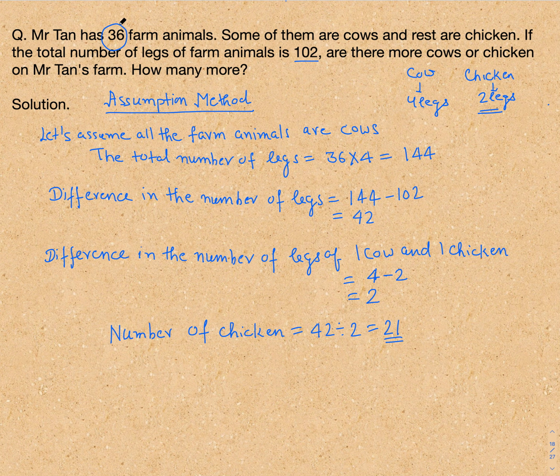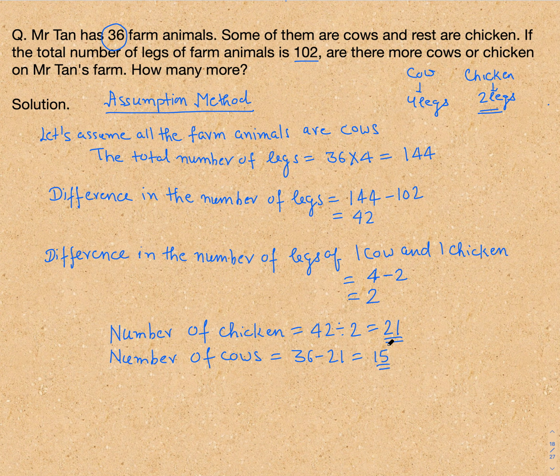Since the total number of farm animals is 36, the number of cows is 36 minus 21, that will give us 15. So the number of chicken is 21 and the number of cows is 15.